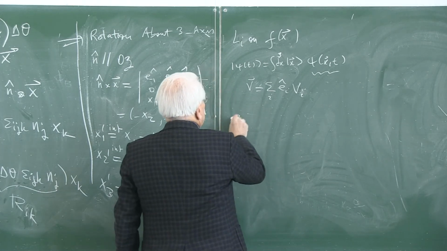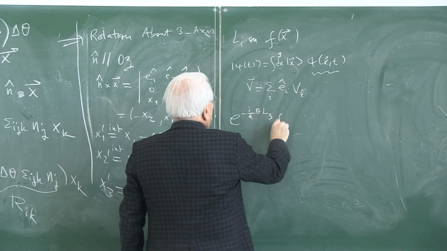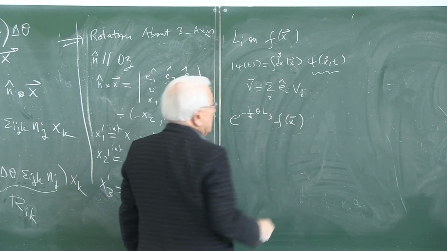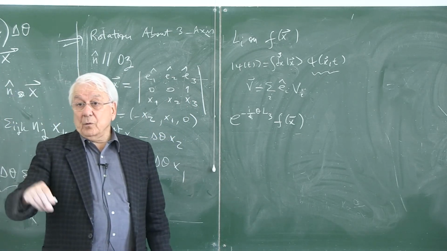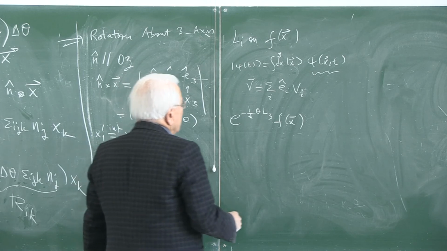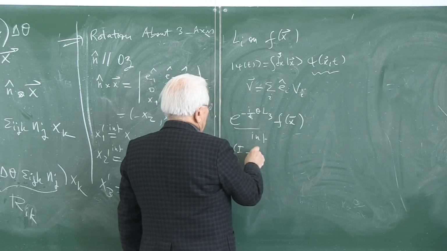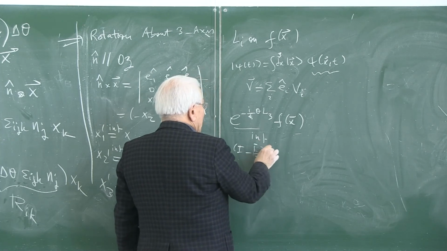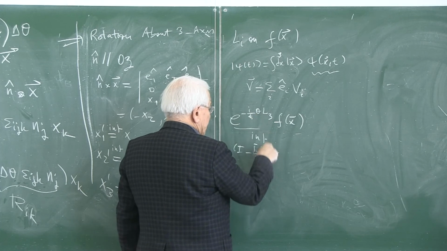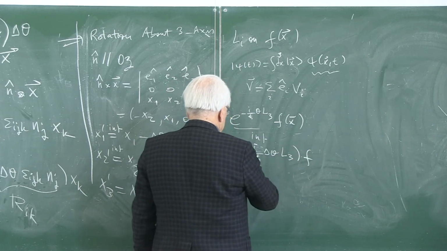Okay, so let me have this exponential of minus i over h bar theta L3 again on f of x. Now this time these are functions, not the position operator eigenvectors. Again, let's go to the infinitesimal case. Identity minus i over h bar, delta theta, if it's infinitesimal, I change the notation to delta theta, L3 on f of x.